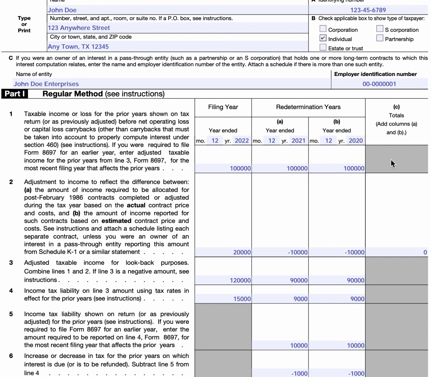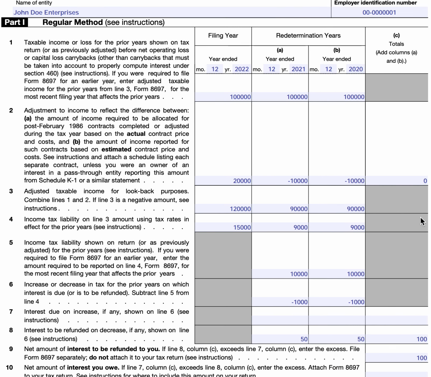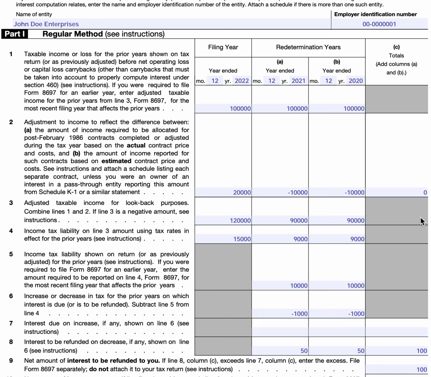You would only enter any column C information on the form that you plan to file, either with your tax return or by itself. So if you end up owing money, specifically interest to the IRS, then you will file this with your tax return, and then you will pay the additional tax when you file your tax return.